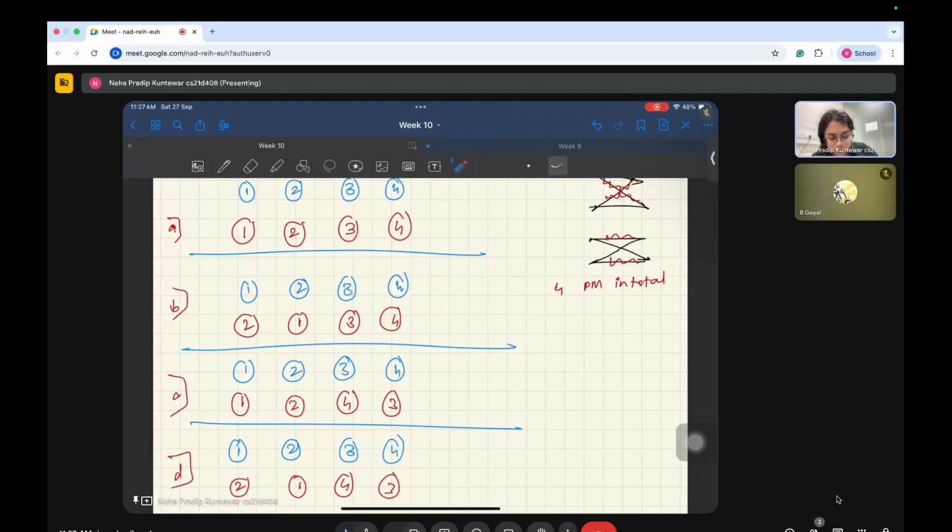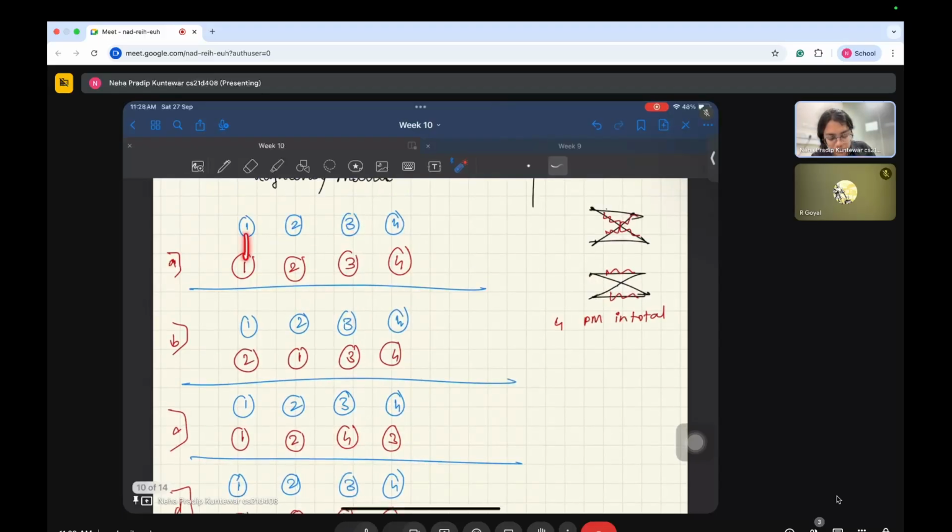And what observation can we make? Think of these as functions from blue to red. In this function the blue 1 goes to this, and so on. This is the mapping that we have. So what can you observe about this function?